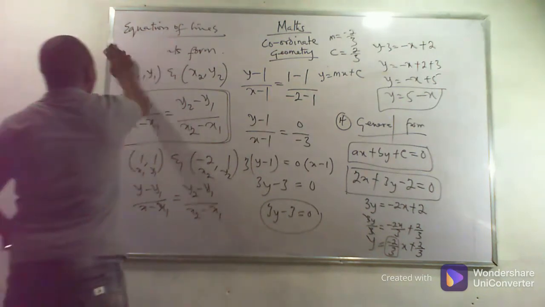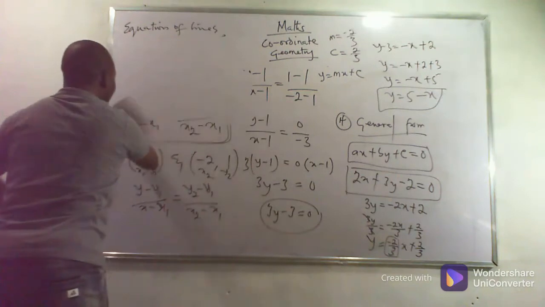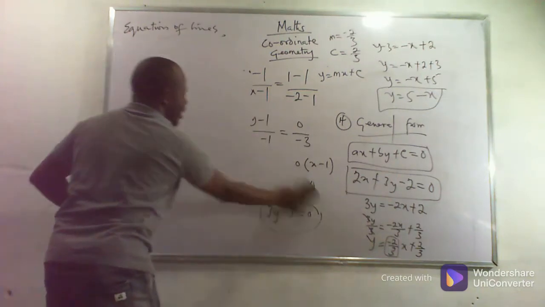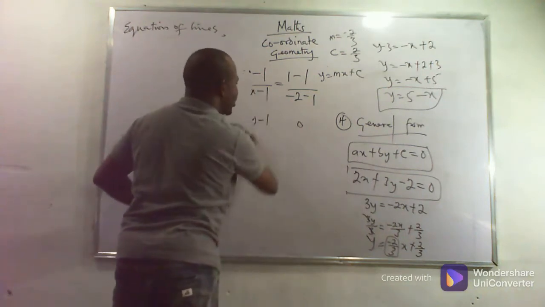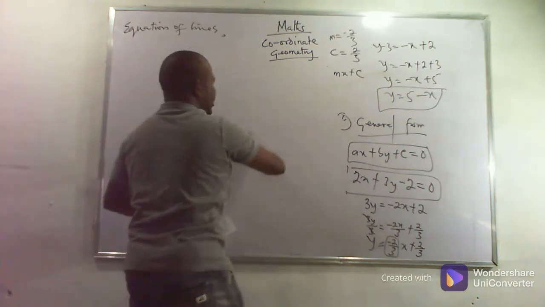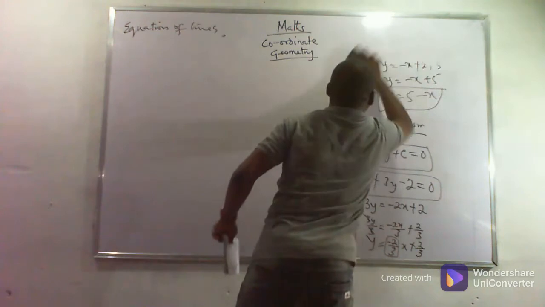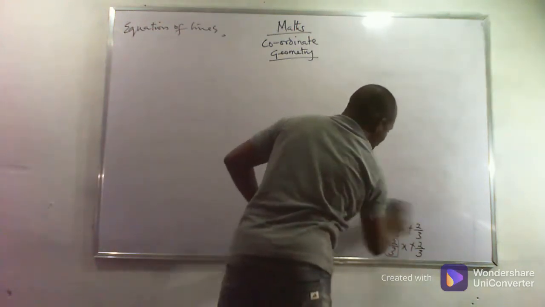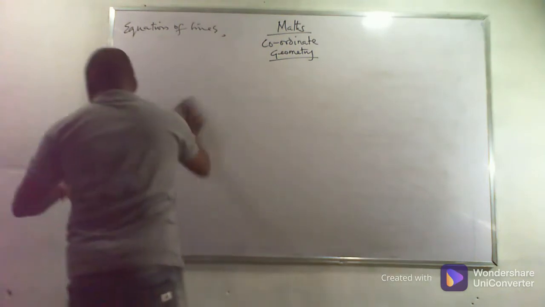But this year there was a question. I'll quickly run the question and we solve it. Then we go to how these equations can be applied, and we'll solve questions and past questions like we have been doing for all other subtopics.